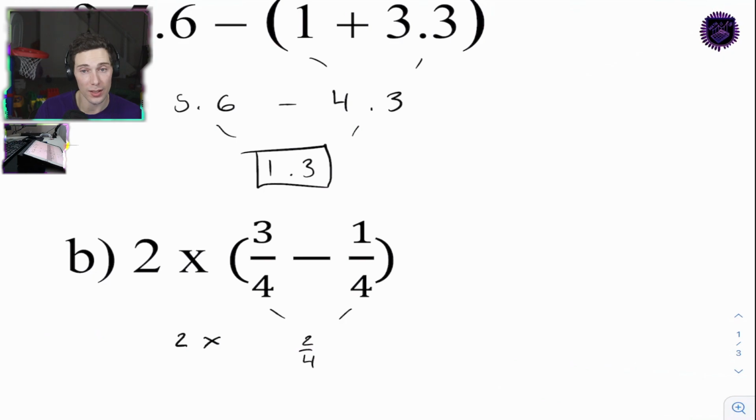Now 2 is the same as 2 over 1, right? That's how you can change any whole number into a fraction, is writing it over 1. And then we just multiply across. So we have 4 over 4, which is equal to 1. So 2 times 1/2 is 1. The answer is 1.